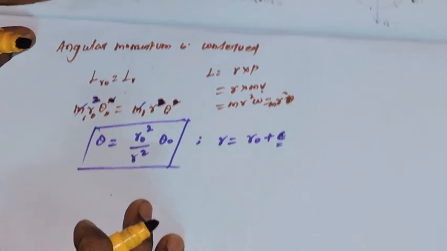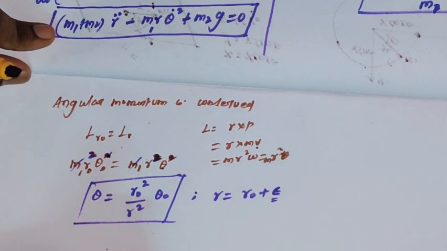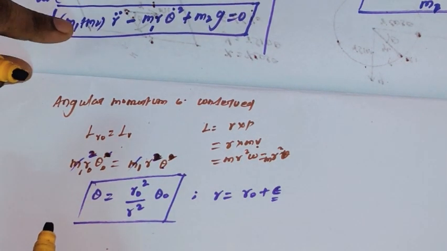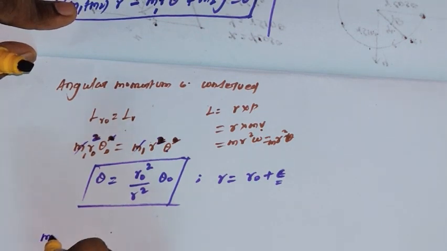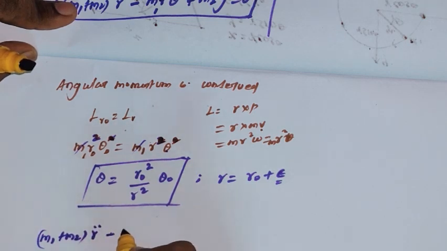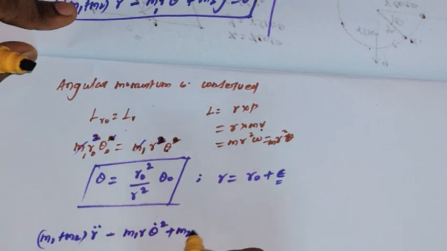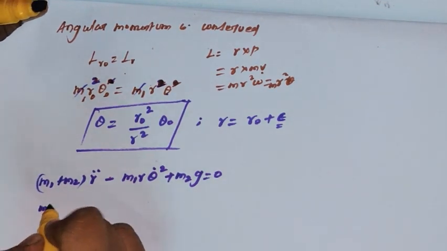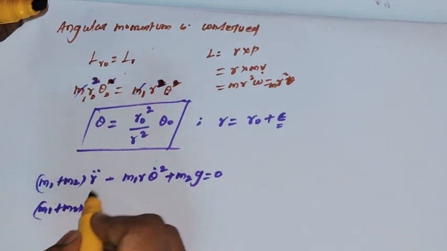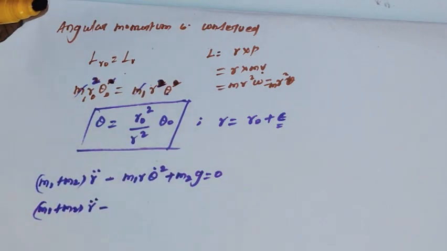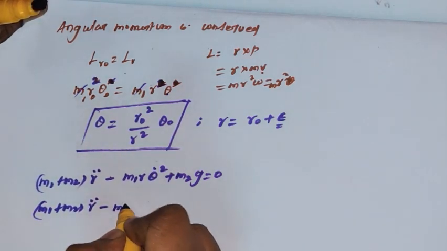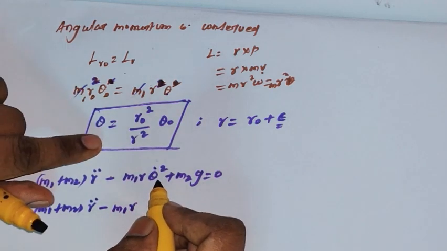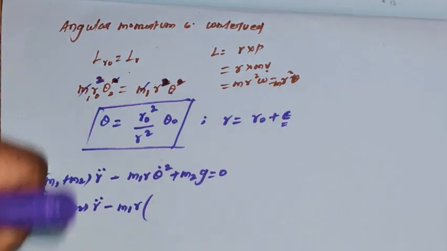Now first we can rearrange this equation of motion. We have the equation of motion (m1 plus m2) r double dot minus m1 r theta dot square plus m2 g is equal to 0. We know what theta dot is.